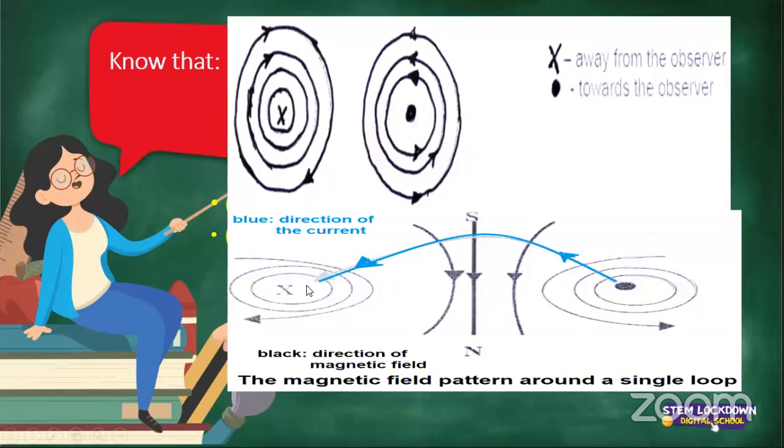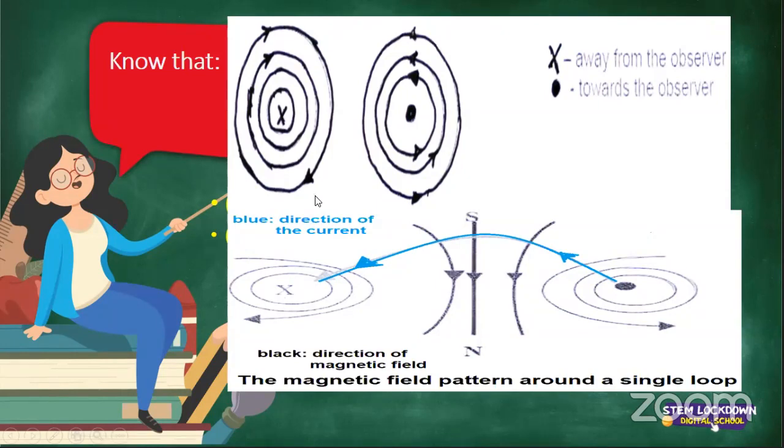How do we draw a magnetic field around it? If it is coming towards the observer, the observer will be looking from the top of the plane of paper. So this will be a wire. If it's coming out of the plane of paper, you will represent it with a dot. And if it's entering away from the observer, that is entering the paper, it will be represented by an X.